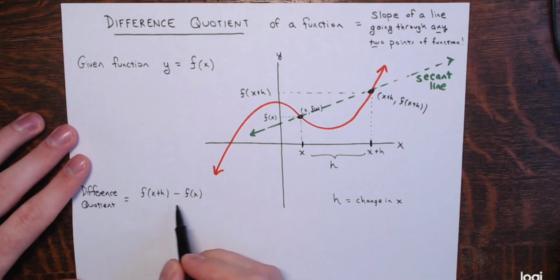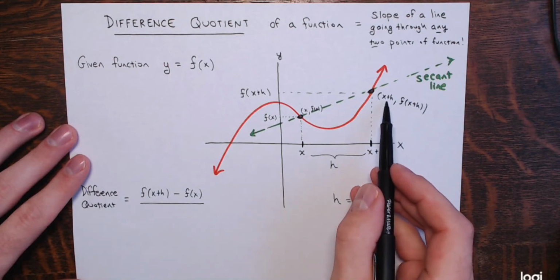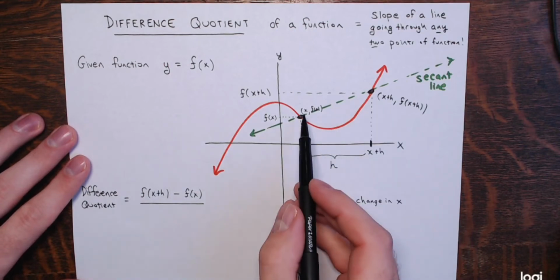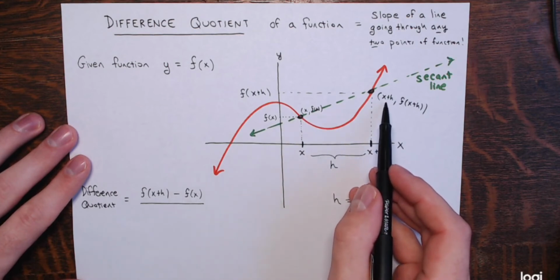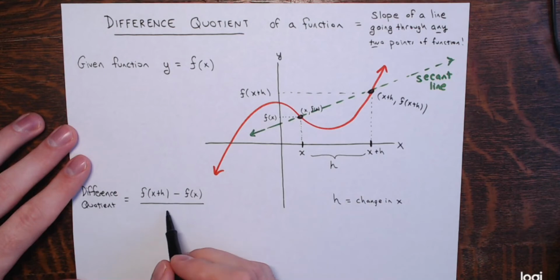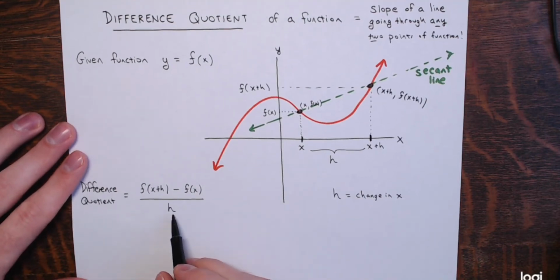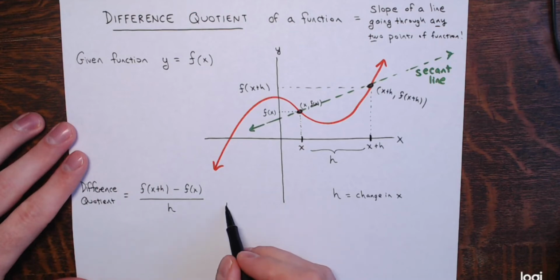And then the change in the inputs, the change in x, the denominator would be x plus h minus x. But x plus h minus x would just be h. And notice that since we have h in a denominator here, we have to state that h can't be 0.